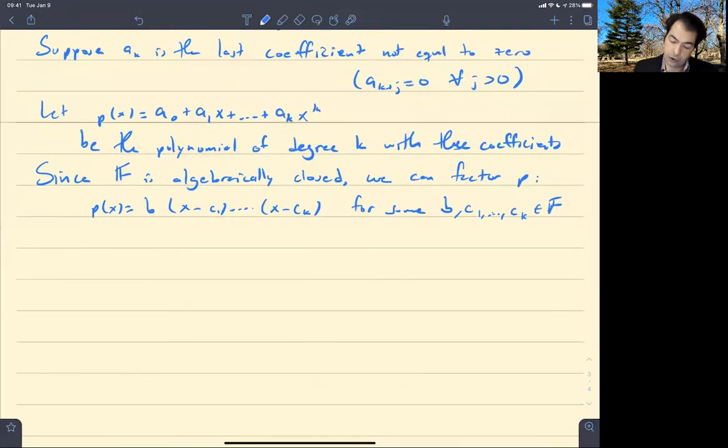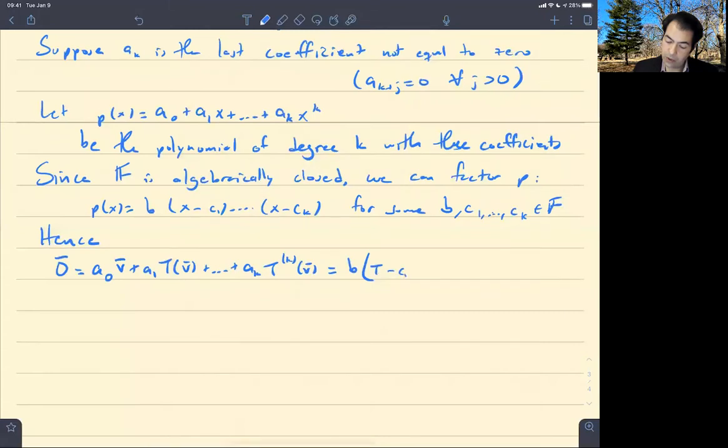Hence, I'm going to take the equation we had above, where we had the vector 0 equal to a0 v plus a1 T of v, and so on up to ak T to the k of v, and I'm going to say that that's the same as this factorization: b times (T minus c1 times the identity), (T minus c2 times the identity), and so on, up to (T minus ck times the identity) applied to the vector v.